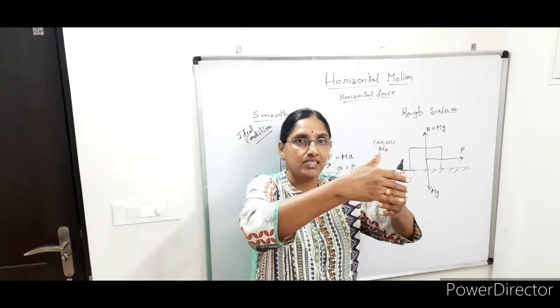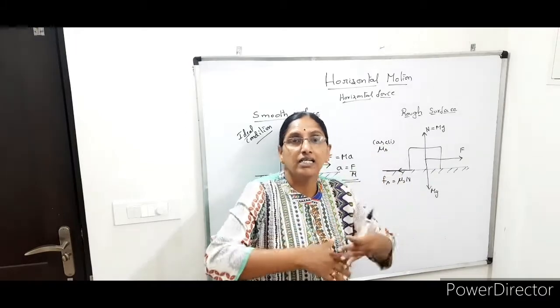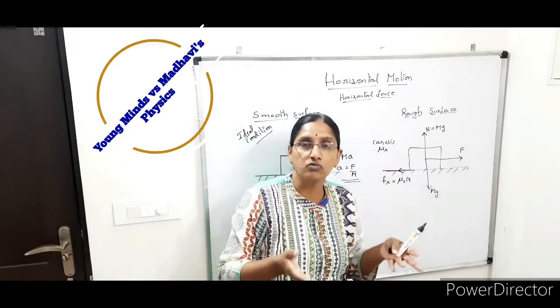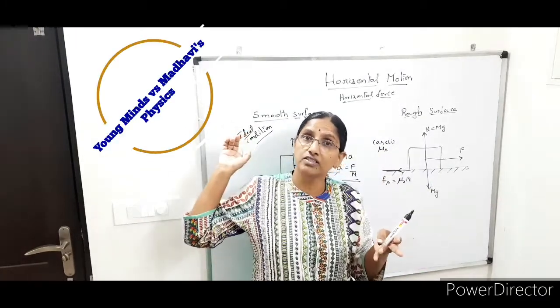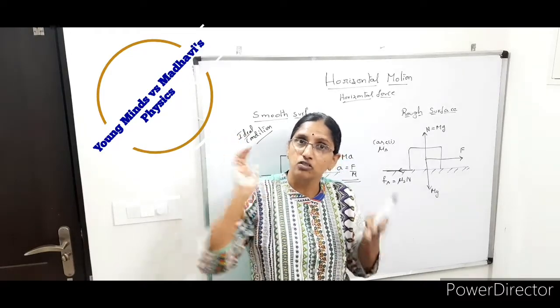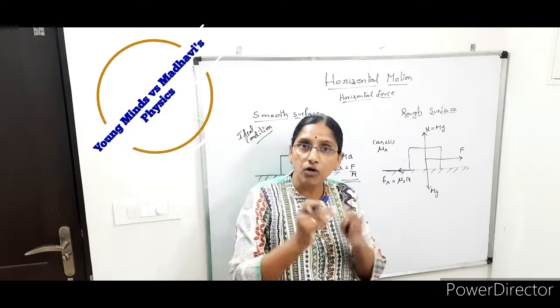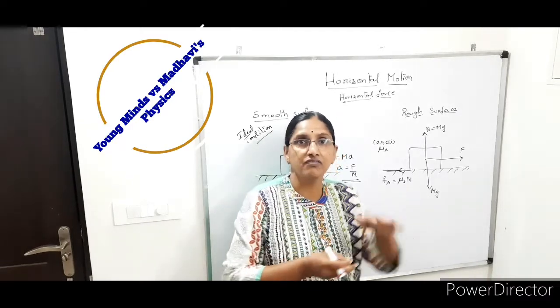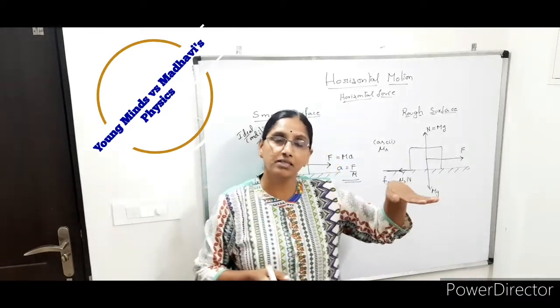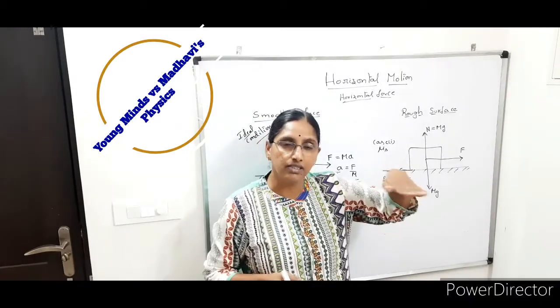Beyond that, it can't. If that were not the case, nothing in this world could move, because a smooth surface is an ideal condition. Practically, there always exists friction. So if bodies are moving, friction definitely has some limit at a point. That is called limiting friction.